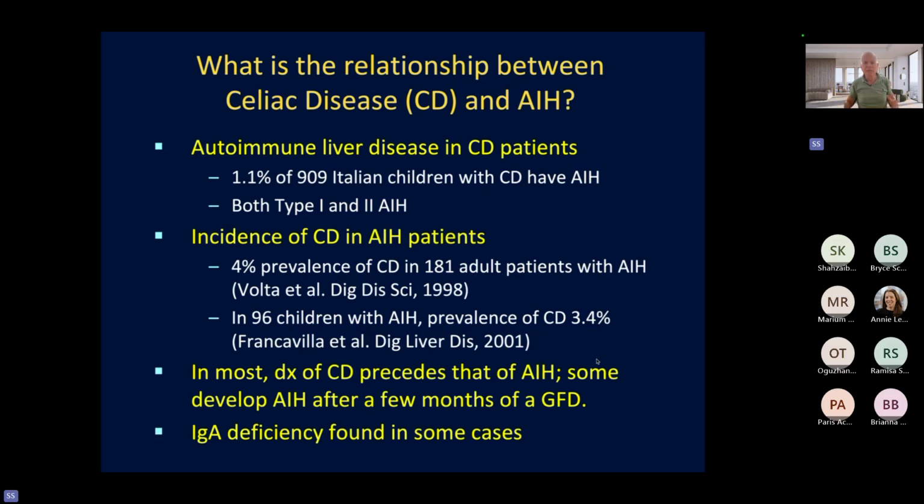Keep in mind that patients with one autoimmune disease tend to have another autoimmune disease. In most of these patients, the diagnosis of celiac disease precedes that of autoimmune hepatitis. And some develop autoimmune hepatitis even after a few months on a gluten-free diet. And some of these patients were also found to have IgA deficiency.